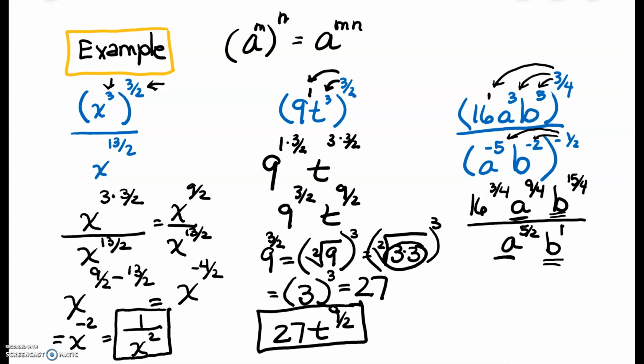So I'm going to go ahead and reduce my number first. I'm going to take 16 and reduce it and see if it simplifies. So I'm taking the fourth root of 16 and then raising that to the power of 3.